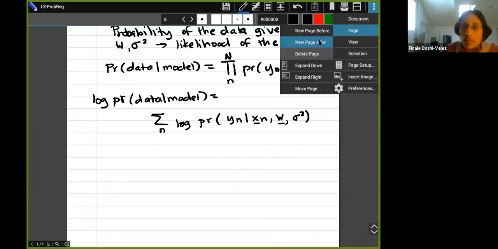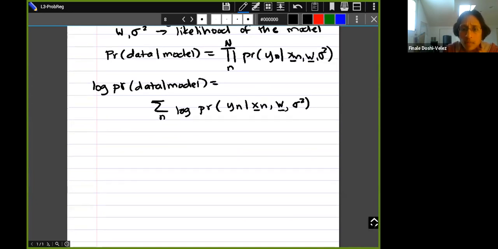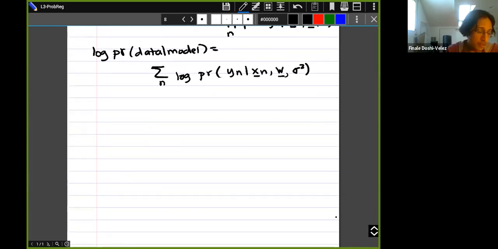Gotcha. So here we are. And then the next part that we want to do is start filling in some actual pieces. So recall, just as a reminder, what's the form of a Gaussian?